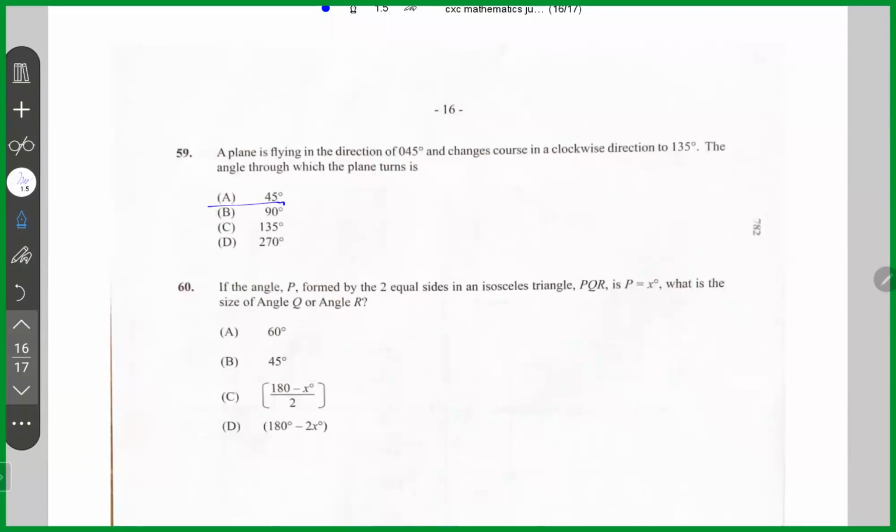That direction is 45 degrees. This is north. Then it changed direction and started going 135 degrees from north. So the angle of change would be equal to 135 minus 45, which is 90 degrees.